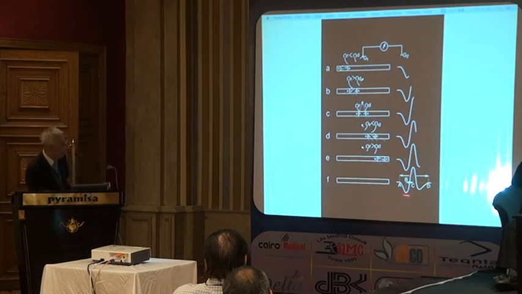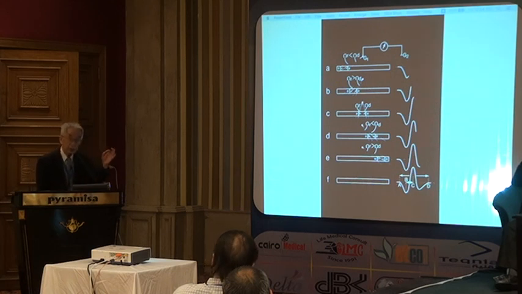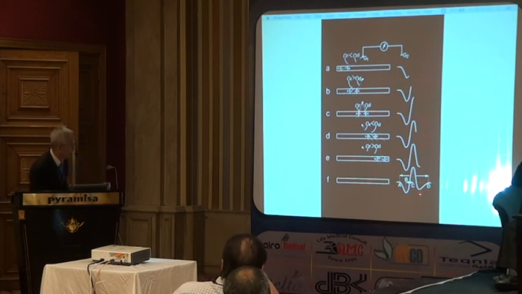And when you see this waveform, it has a meaning. When you have this positivity, you say, yes, this action potential is now approaching. And when you have a negativity, you say, yes, it has just arrived under the pickup electrode. And when you have a second positivity, you say, it's now leaving.